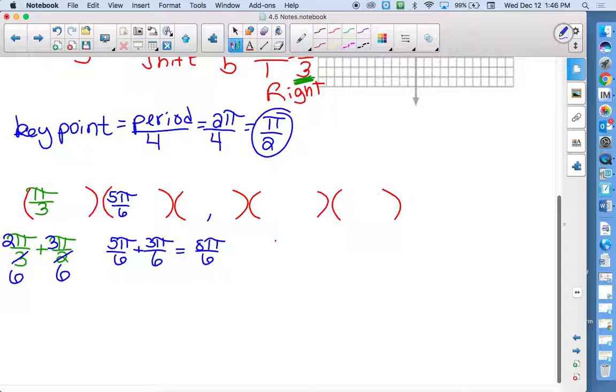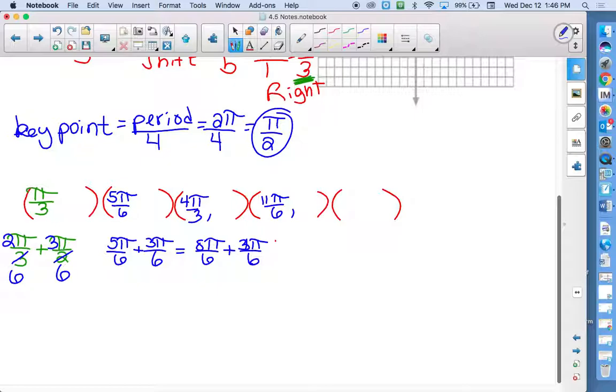But reduced in the ordered pair would be 4 pi over 3. So a little tricky with those fractions. Again, we need to add pi over 2, so that's really 3 pi over 6. So 8 and 3 make 11 pi over 6.